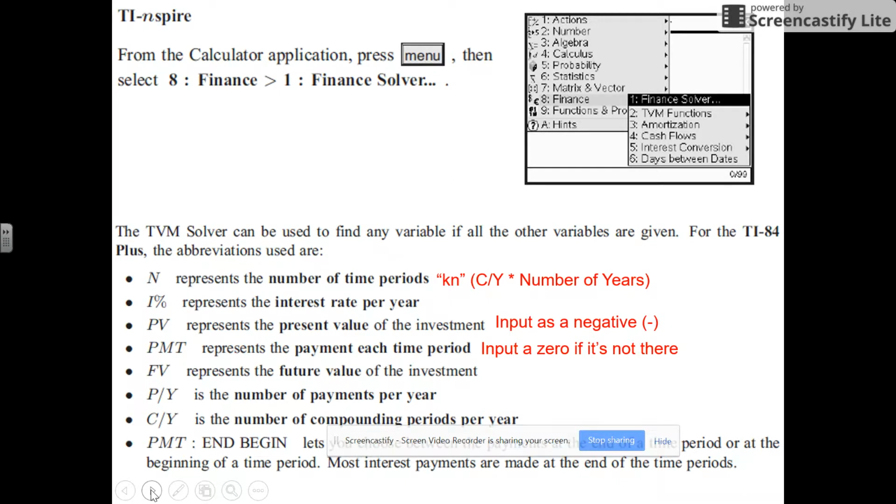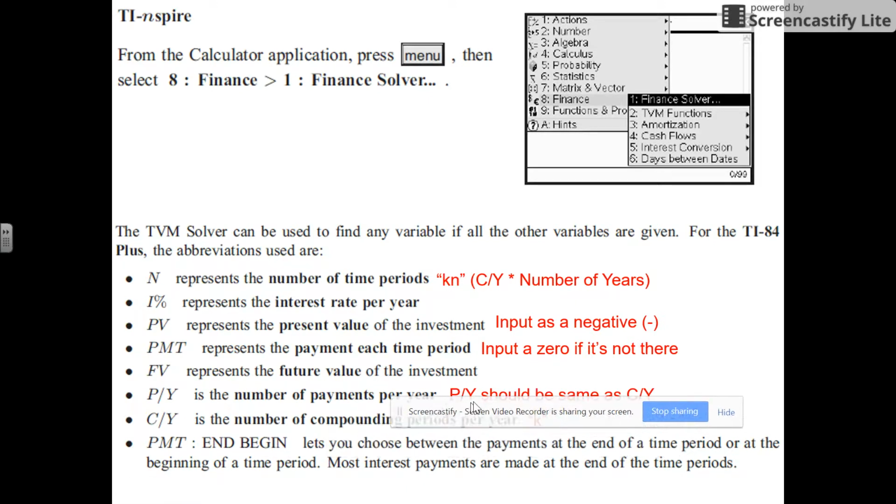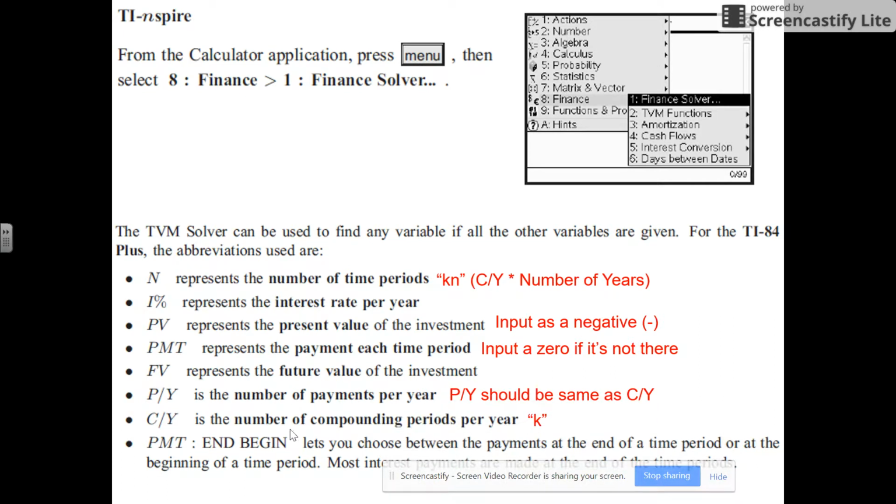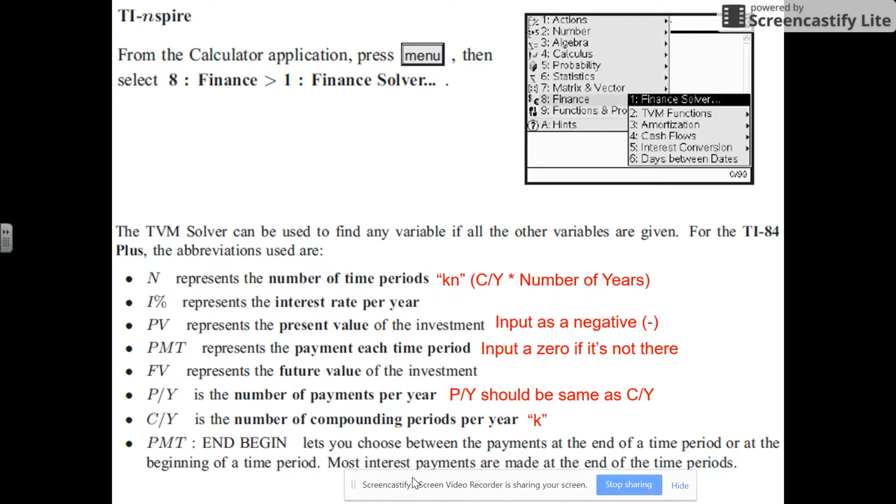Input a 0. If you're not making payments, put a 0 there. These are the same. PY and CY are going to be the same. Number of compoundings you get from the problem. We're gonna do our payments at the end of the time periods.